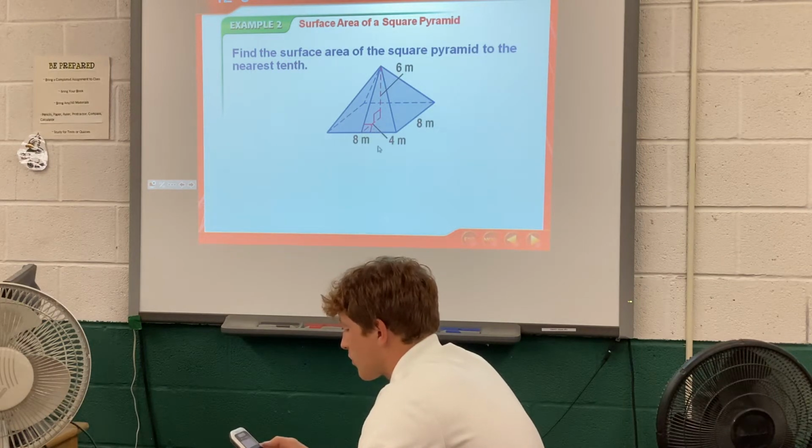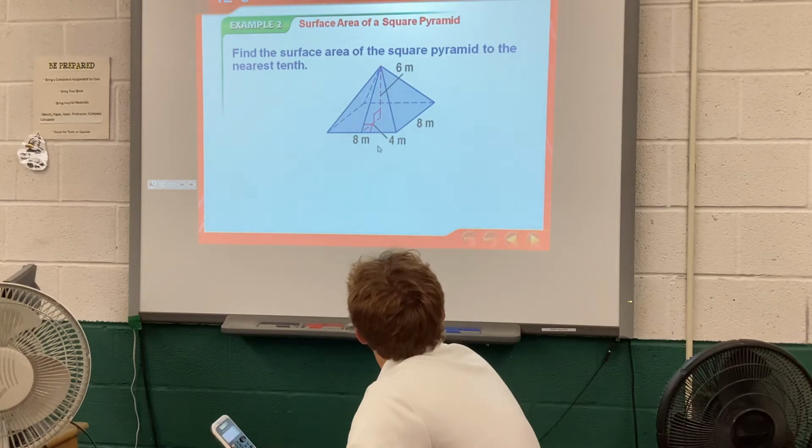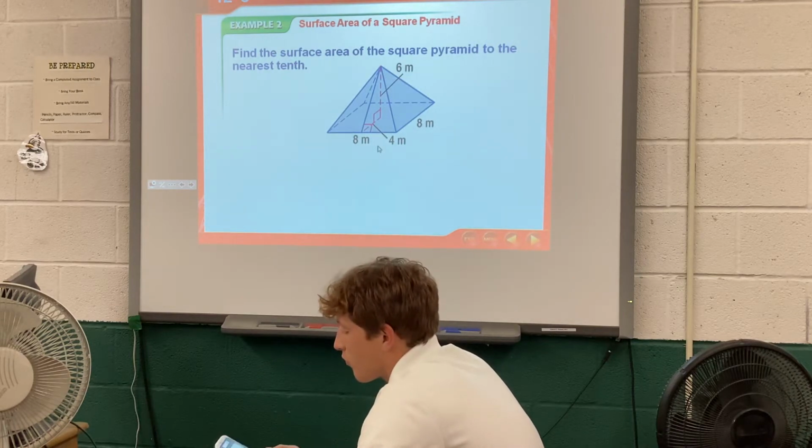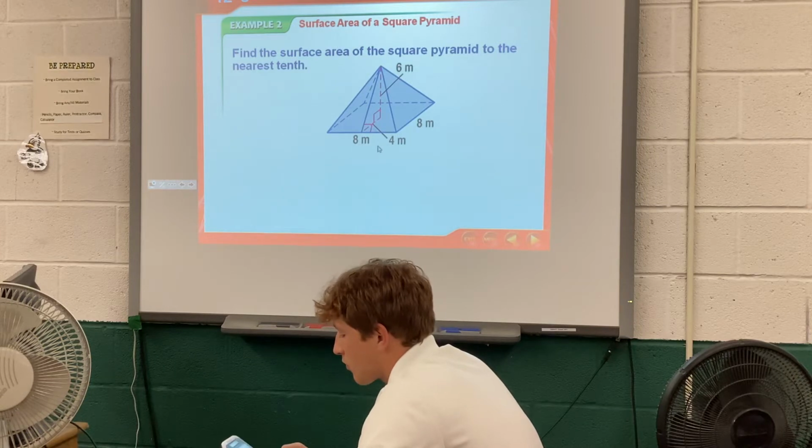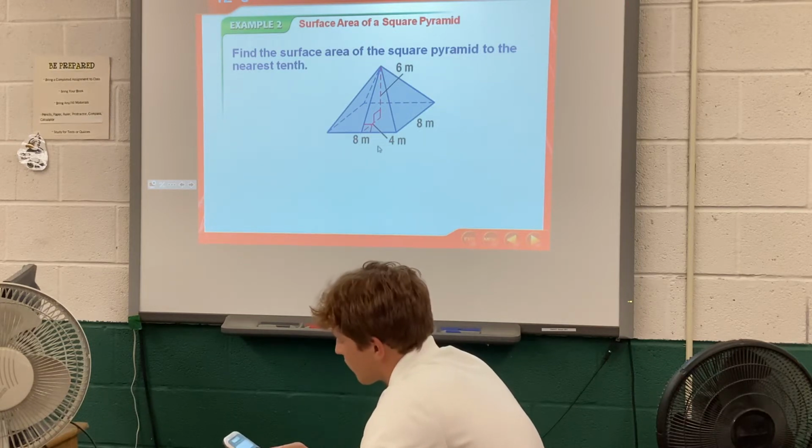Now here's the other thing that you got to think about. Remember when we talked about regular polygons, how did we find the apothem? We drew a circle around there, right? And so when you draw the circle, or if you look at one of the lengths of a square, the length of this square is actually a diameter. Does that make sense to everybody?